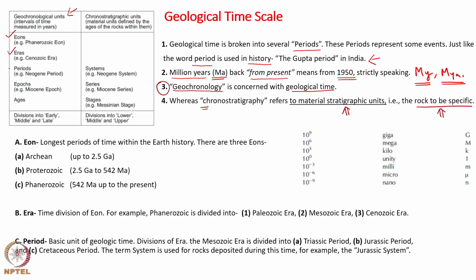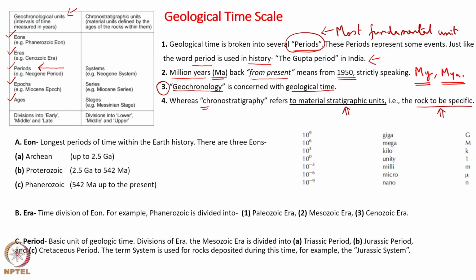Now, let us look at the different geochronological units, and they are eon, era, period, epoch and age. And as I told you already, period is the most fundamental unit. But note that period is in the middle.